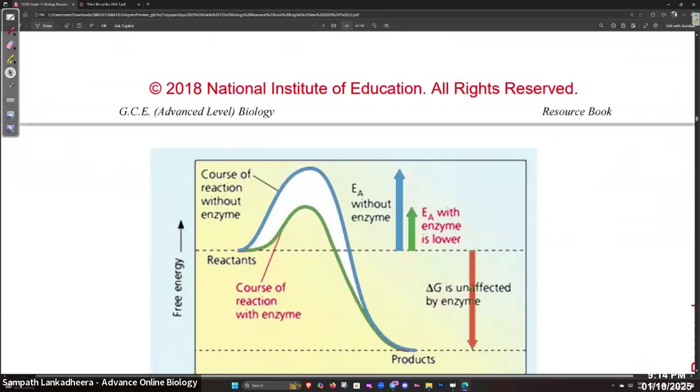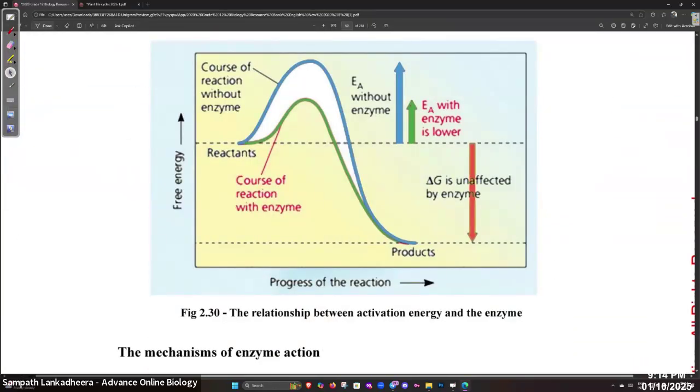Look at this graph. Here we can see the energy level of the reactants and the energy level of the products. We call this delta G. What is delta G? Free energy, the Gibbs free energy.